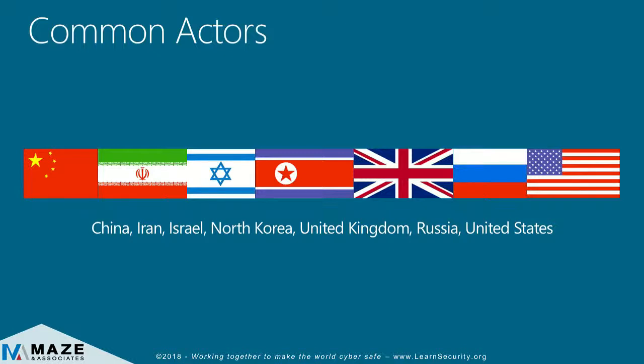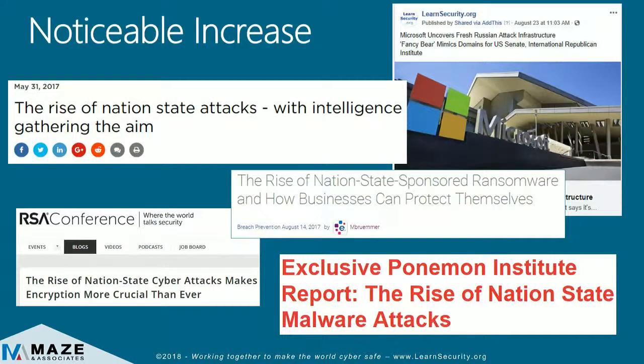Some of the ones that we hear from a lot are China, Iran, Israel, North Korea, United Kingdom, yeah, they're one of our allies, Russia, United States, yes, our own nation. So you will hear all of these often in the news. And there's been a noticeable increase in nation-state sponsored or directed attacks, everything from ransomware to propaganda.